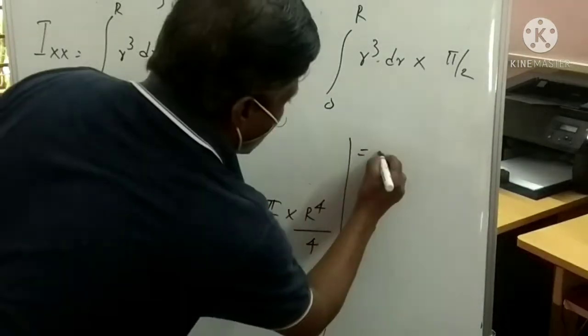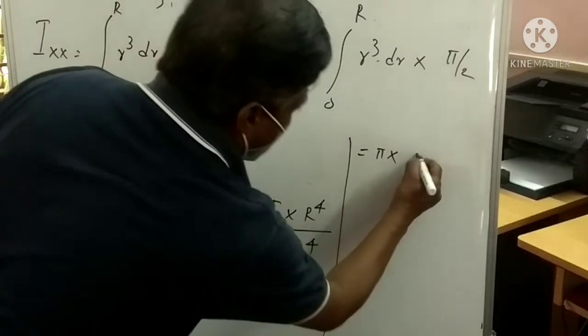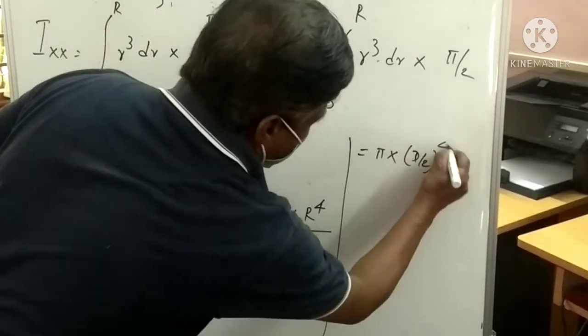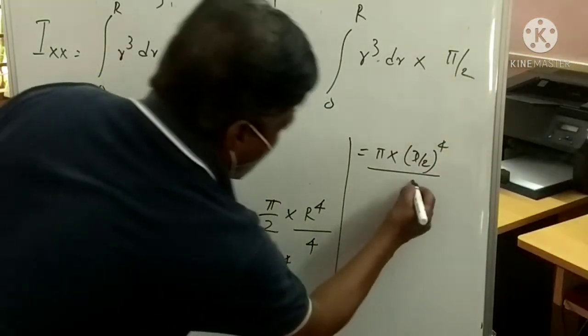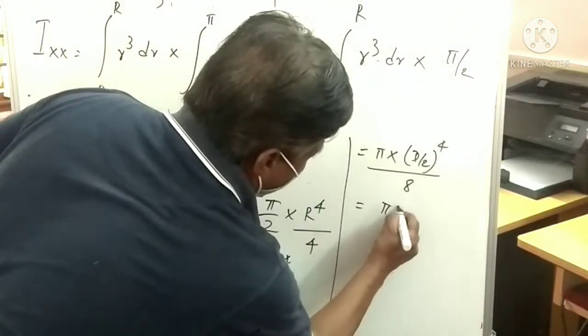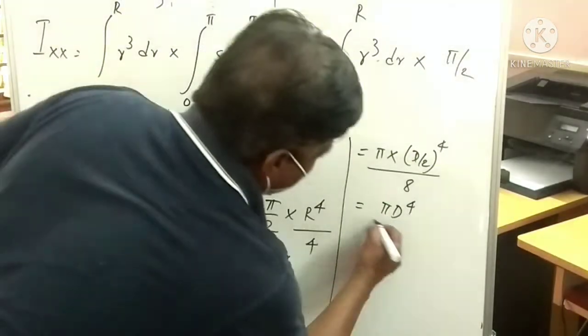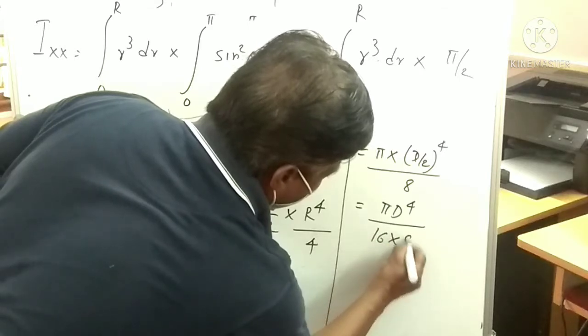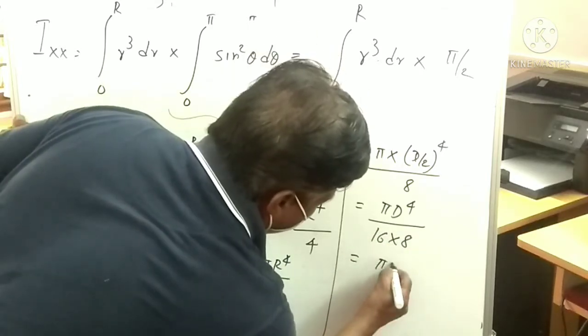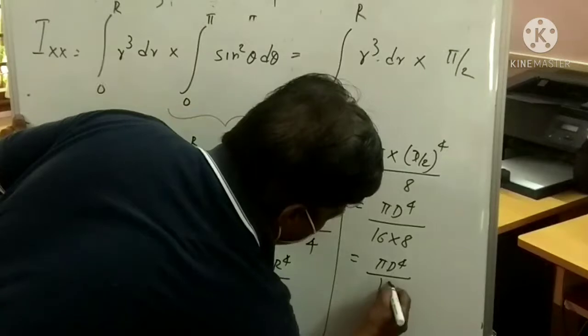Substituting r as d by 2, this is equal to pi d raised to 4 divided by 128.